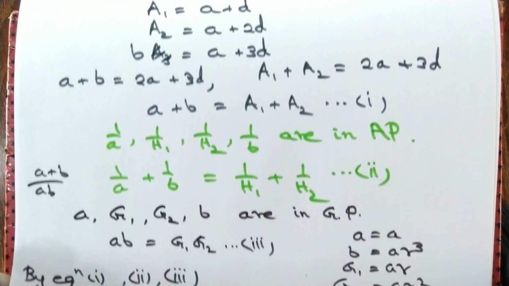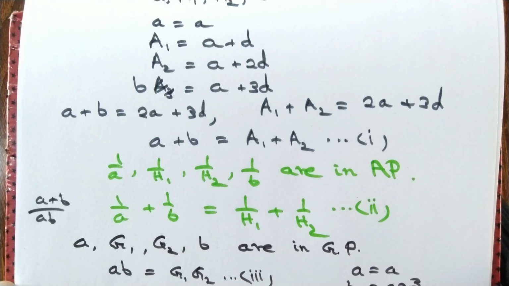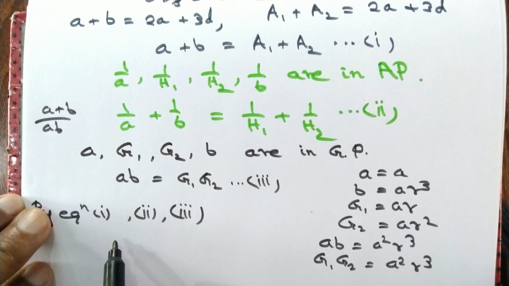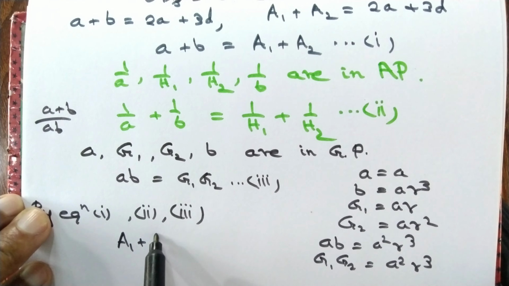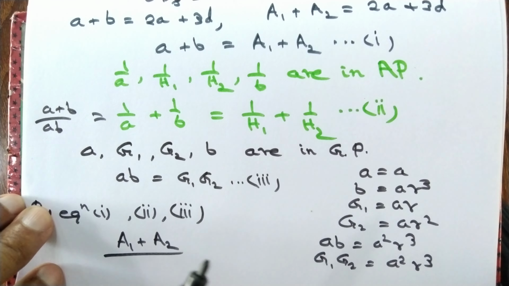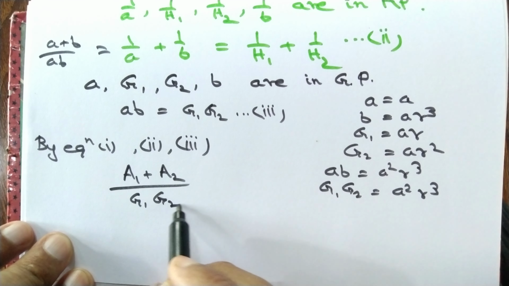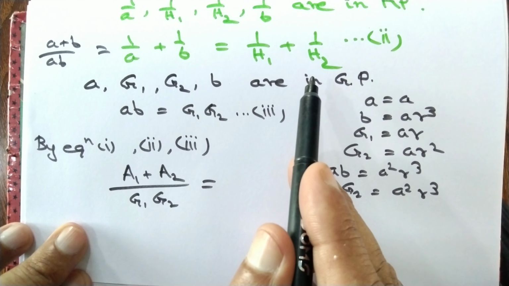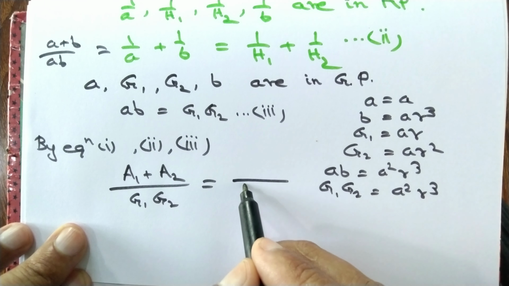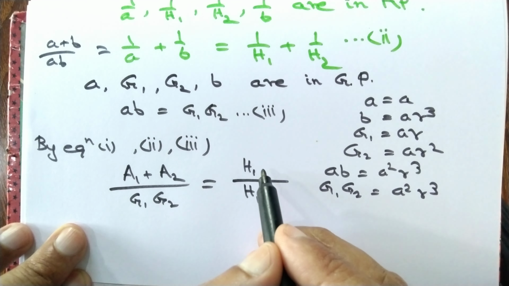By equation 1, we know that a plus b equals a1 plus a2. And how about ab? ab is g1 g2. So a1 plus a2 over g1 g2 equals 1 by h1 plus 1 by h2. We can take the LCM h1 h2 and write it as h1 plus h2 in the numerator.